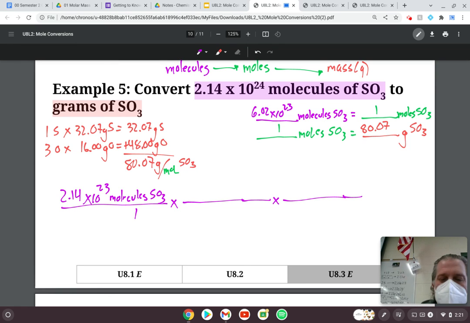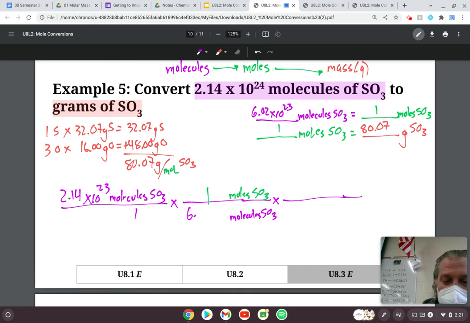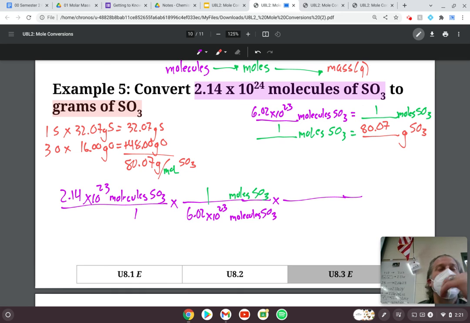So if I have molecules on top, I'm going to put molecules on the bottom. And I'm going to put moles on top. And we learned that the relationship is 1 mole of SO3 or anything is equal to 6.02 times 10 to the 23rd molecules of that thing.